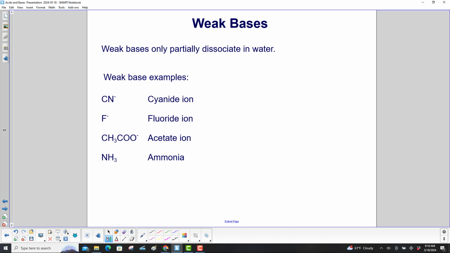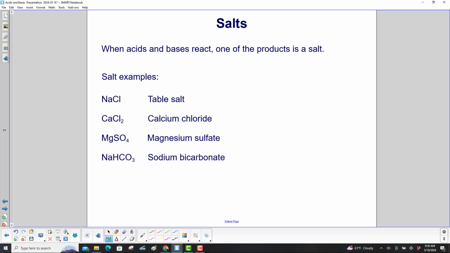Weak bases only partially dissociate in water: cyanide ion, fluoride ion, acetate ion, and ammonia. When acids and bases react, one of the products is a salt. So here are some common examples: table salt, calcium chloride, magnesium sulfate, and sodium bicarbonate.